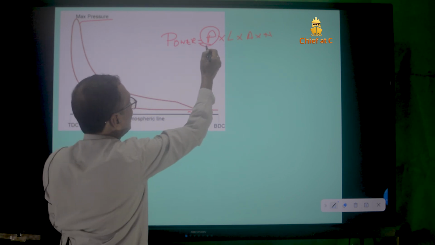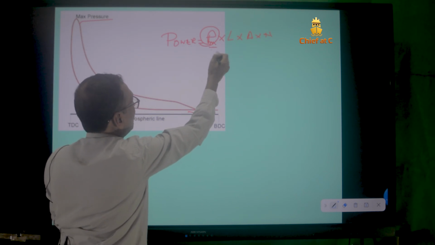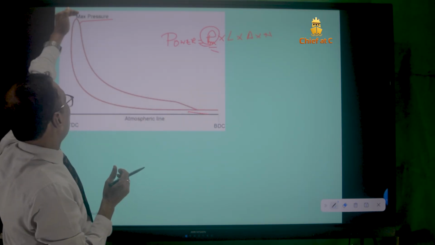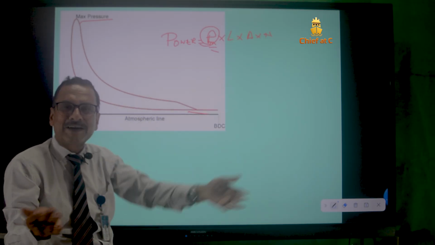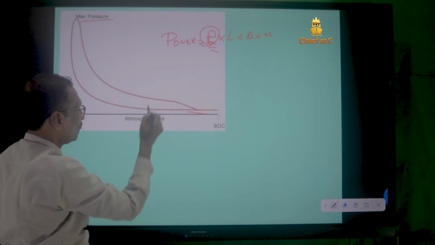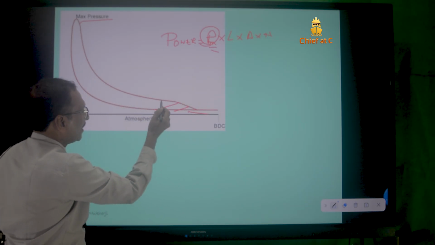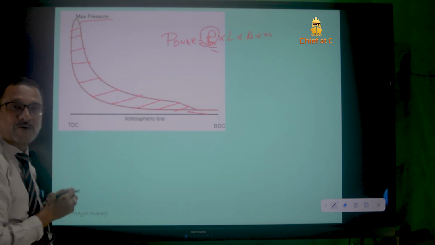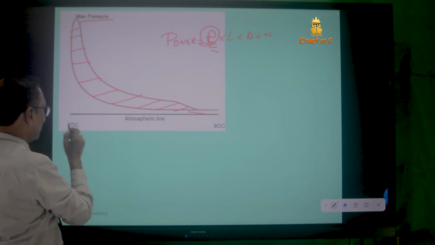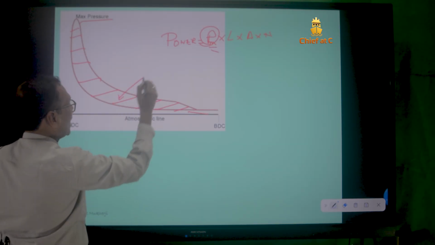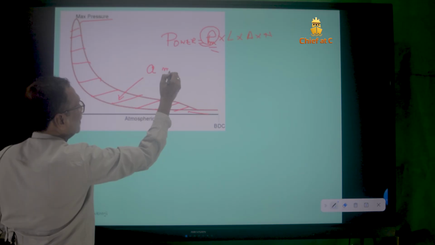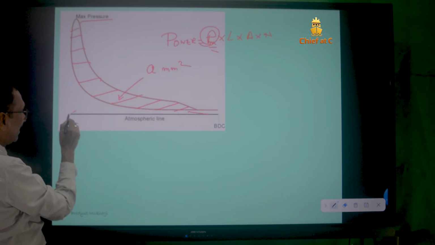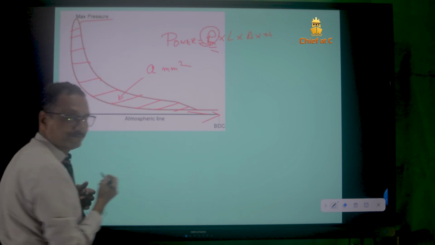So actually this is the mean pressure. We will have to find out the average pressure because it varies from a maximum to a minimum in a very odd manner. So how do we do that? We measure the area enclosed by this power diagram. Let us say this area is small a millimeter square, and then we take the length of the diagram.